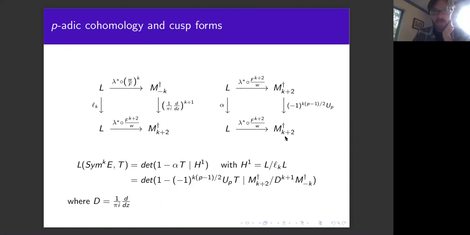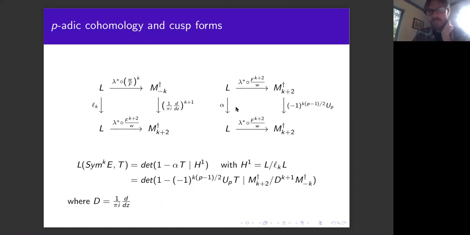And then the second thing here, on this side, is Dwork's Frobenius acting on these p-adic function spaces. And on the right-hand side, we have the UP operator. Unfortunately, there's this -1 thing. That's because of the family that we live in, so you can just ignore that.